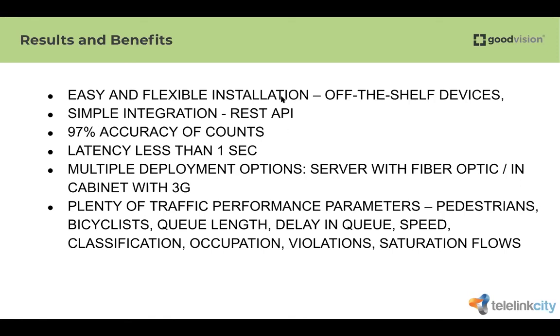Of course, I explained that with fiber optic, we get the events very quickly to the traffic controller, which was very important for the actuated traffic control. We have multiple deployment options, with the server or as an edge device in the traffic cabinet.